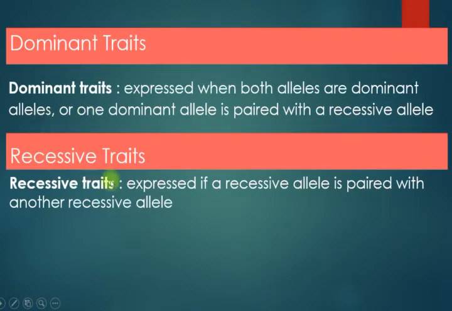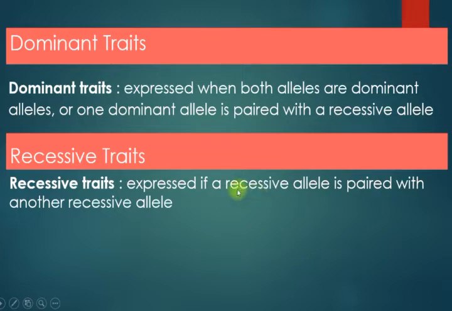We go to the recessive trait. The recessive trait is expressed if a recessive allele is paired with another recessive allele. For example, if small t, which represents the dwarf trait, is paired with a small t, it will show the trait, which is referred to as the dwarf trait.